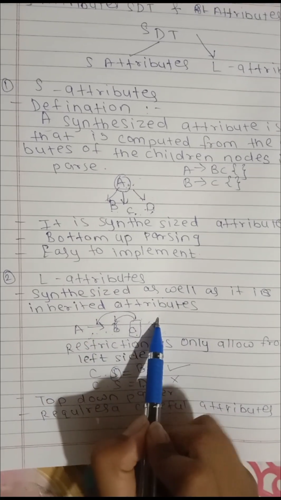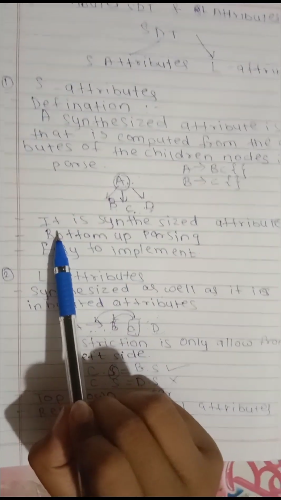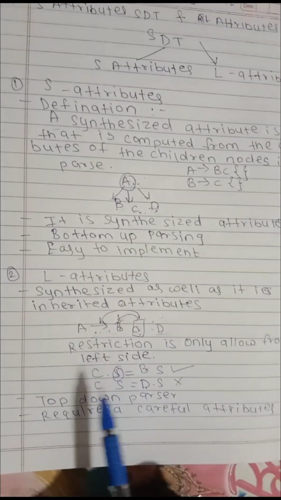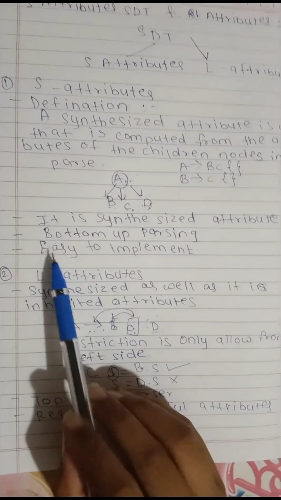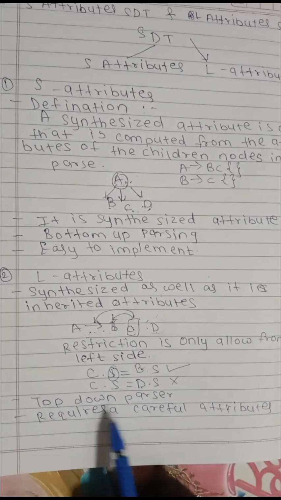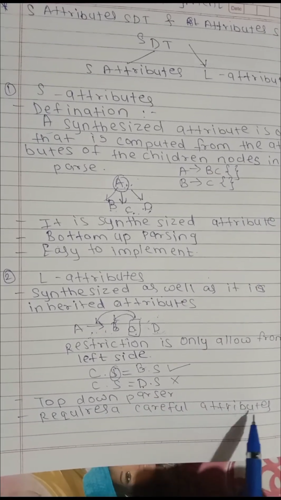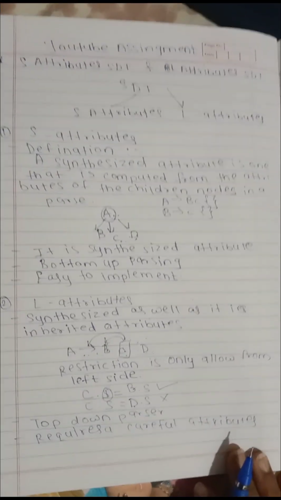The flow here is bottom up parsing, and here it is a top down parser. It is easy to implement, and this one is quite difficult to implement, because it requires careful handling. Okay, thank you.